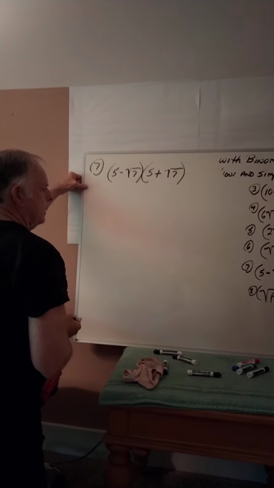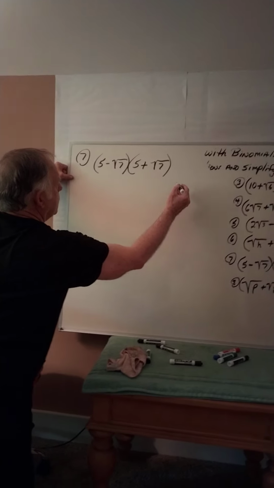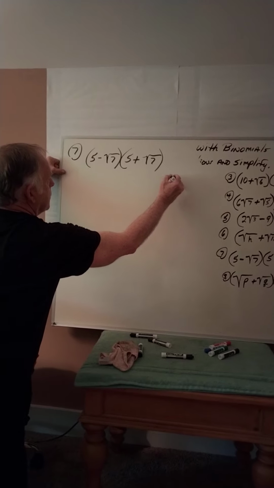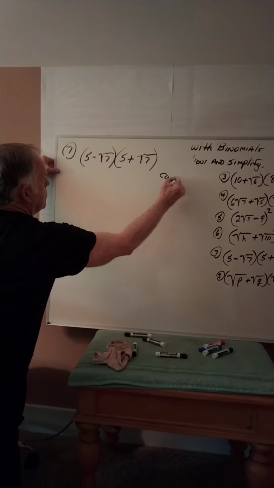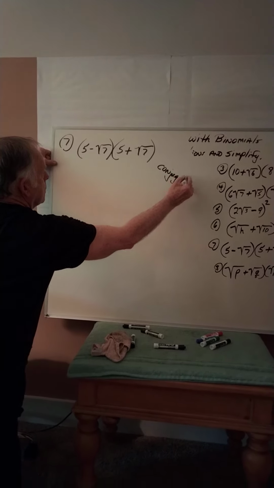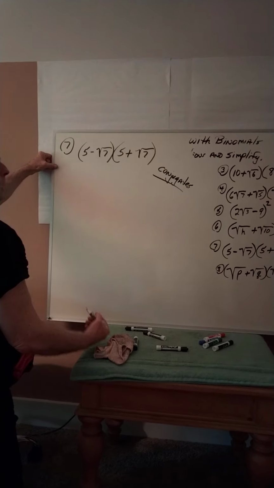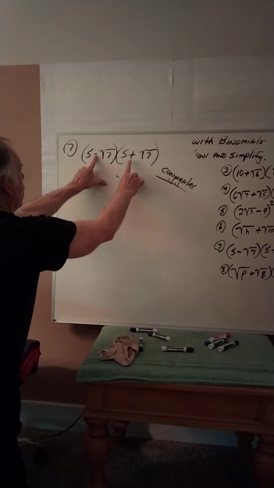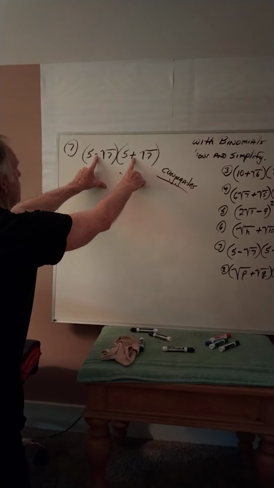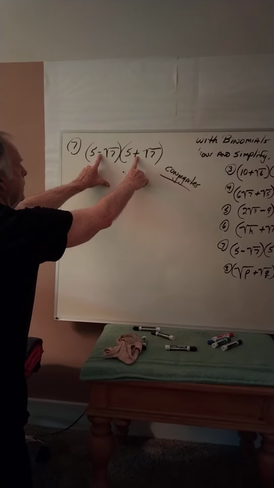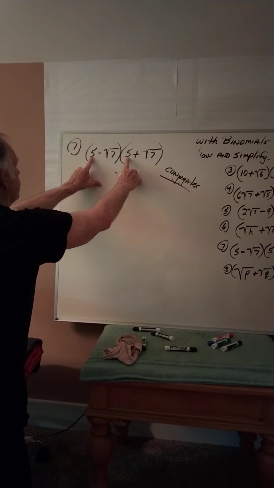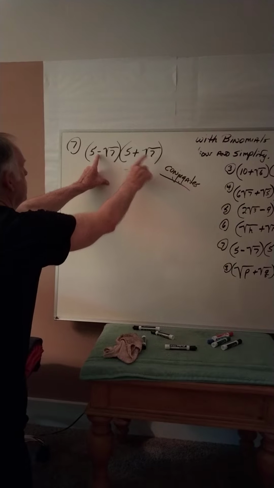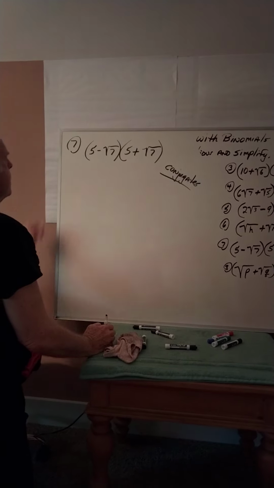Back in, I believe it was chapter 5, we did this kind of a multiplication layout, and they were called conjugates. Conjugates are two binomials that only differ in the signs between them. Everything else is the same. The first terms are the same. The last terms are the same. They only differ in the signs between them.